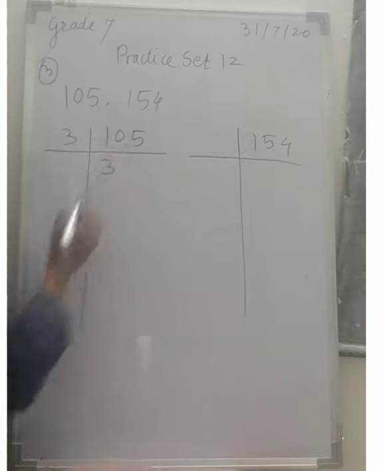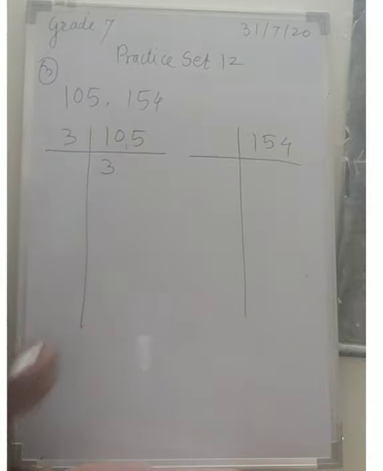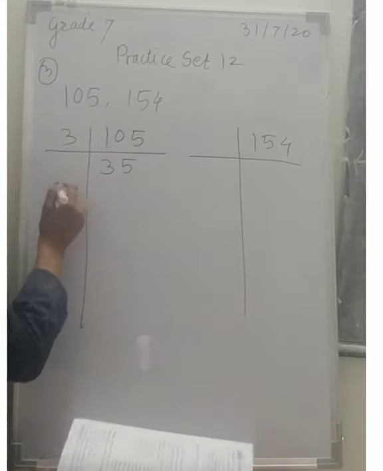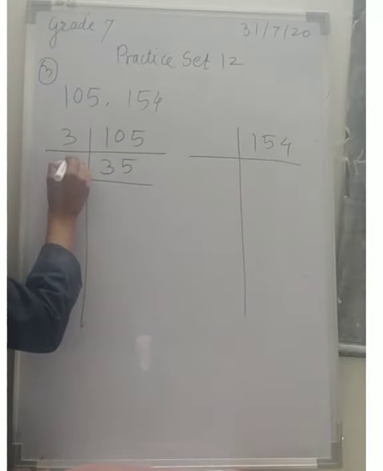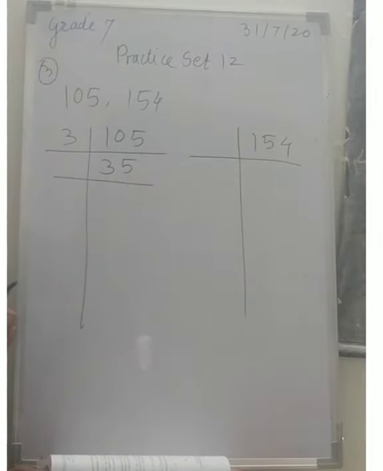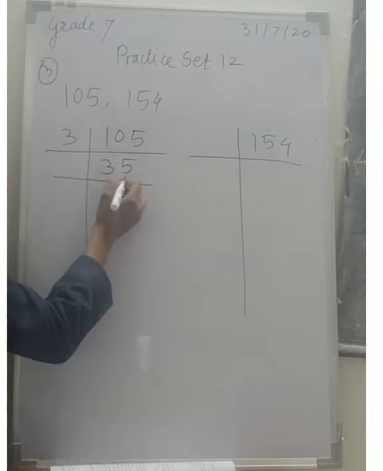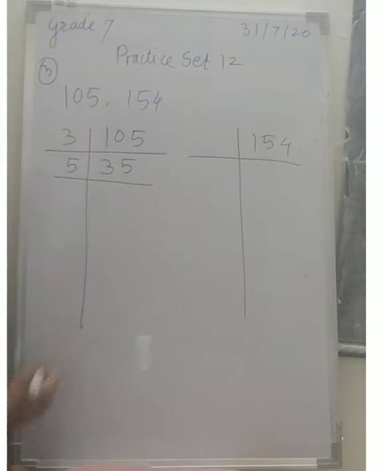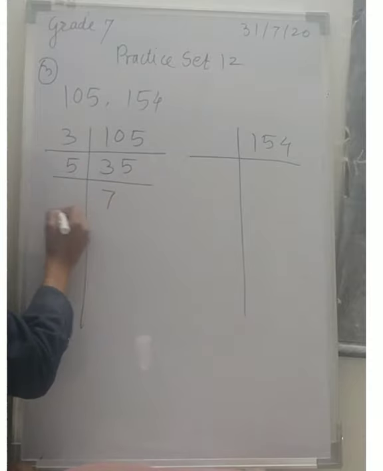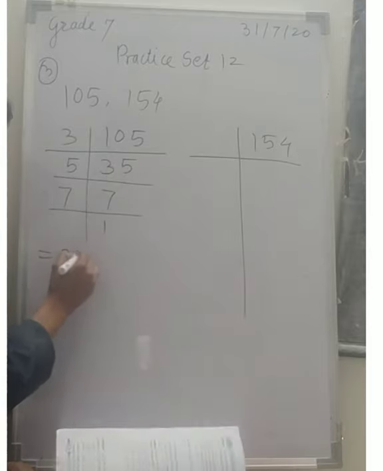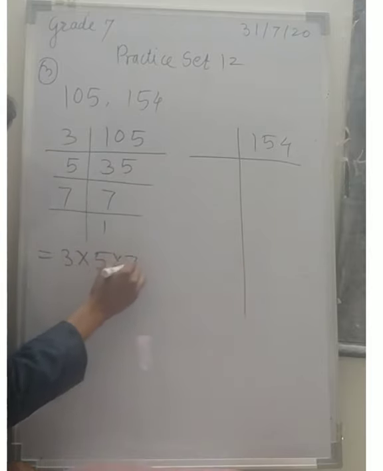We have 1 as remainder and then 3 fives are 15. 3 plus 5 is equal to 8, so we cannot divide it by 3. But it has 5 at its end, so we are going to divide it by 5. So 5 sevens are 35 and 7 can be divided only by 7. So what are the factors? 3 multiplied by 5 multiplied by 7.